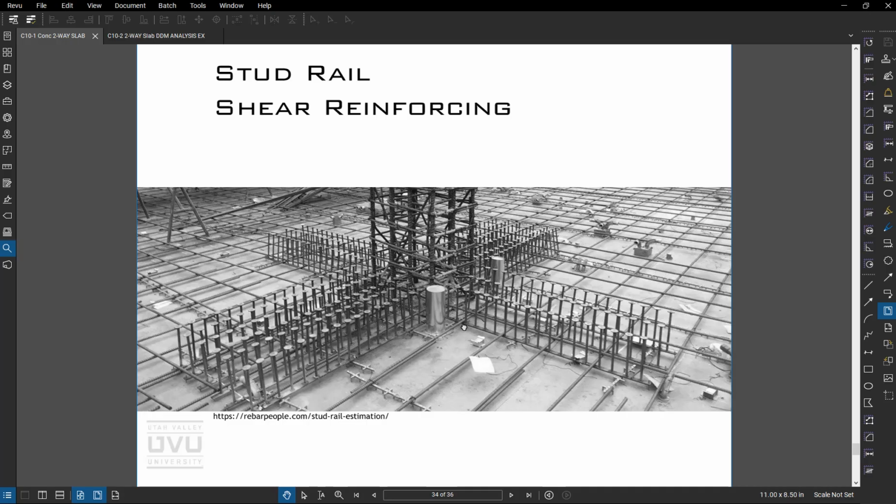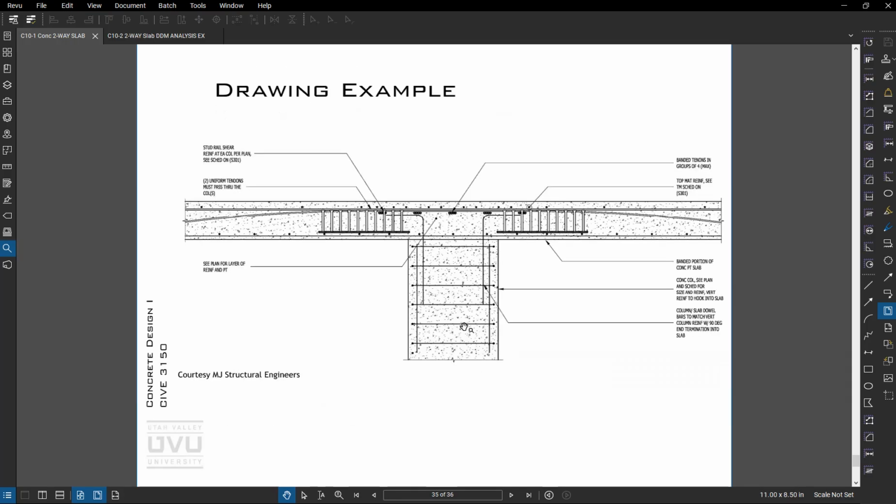And then lastly, a drawing example of how the stud rail would be shown in practice and called out. Anyway, enjoy that. We shall talk more.